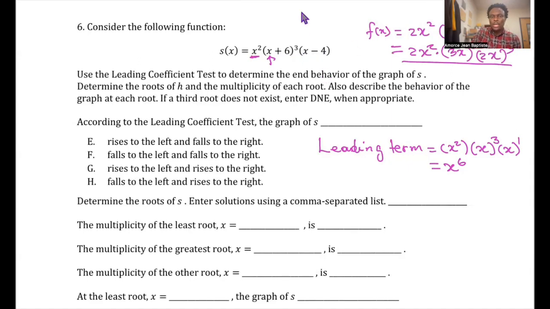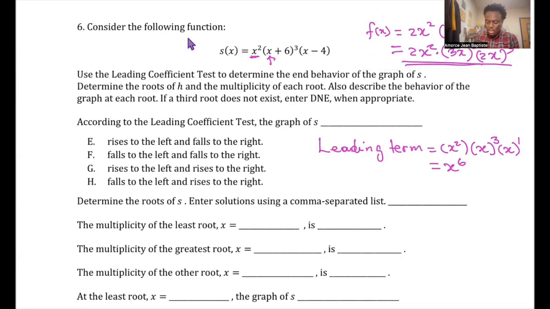My picture was in the way of the things that I was writing. And then that will be your leading term for this function.